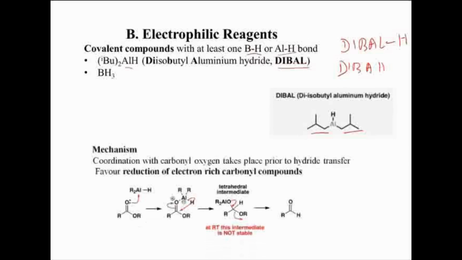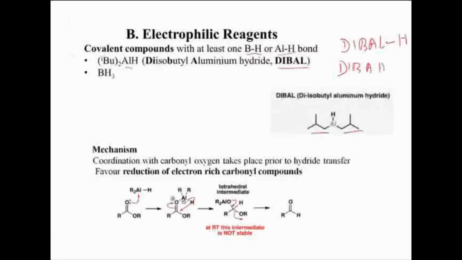The mechanism we have seen. All covalent hydrides, what they will do, first the metal gets coordinated to the oxygen lone pair of electrons. Aluminum is electron deficient, so it gets coordinated to the carbonyl oxygen, and then it delivers hydrogen to this carbonyl carbon.